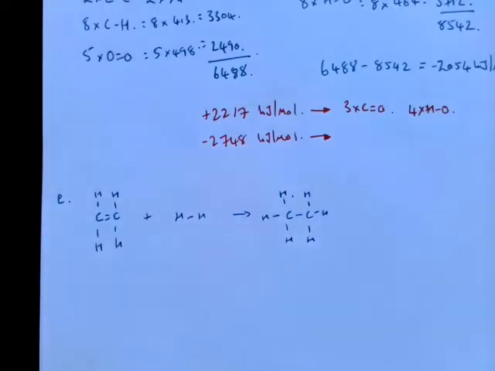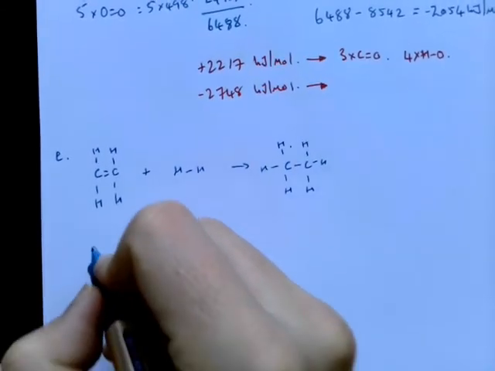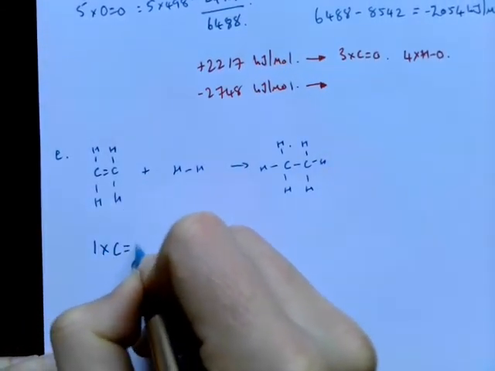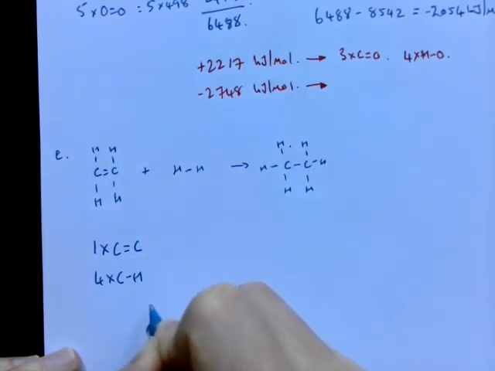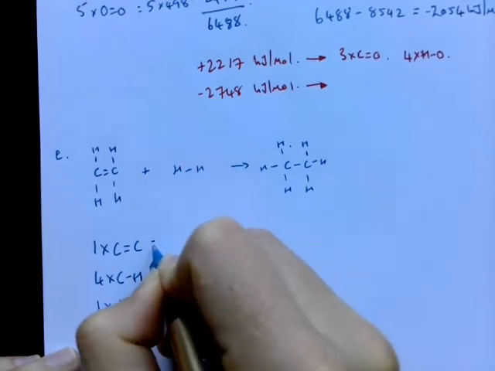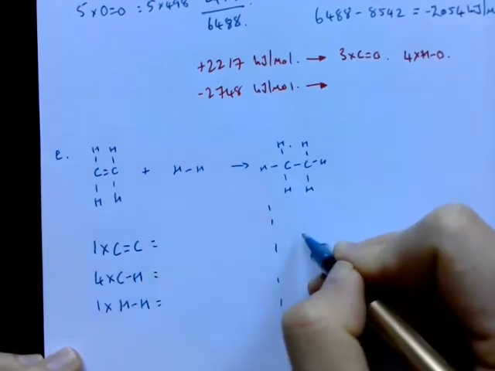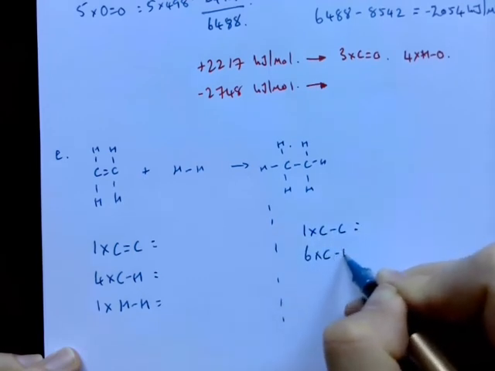All right, so E, I've just drawn the structures out straight away. So we can see that we've got 1 times C=C double bond, 4 times C-H single bond, and 1 times H-H. And then on the product side, I've got 1 times C-C and 6 times C-H.